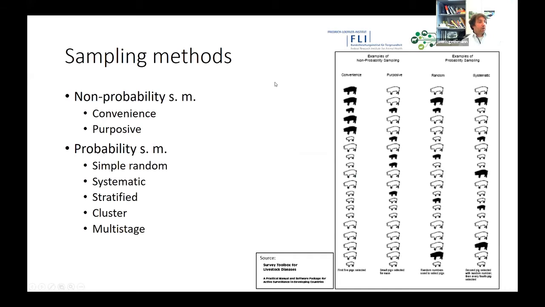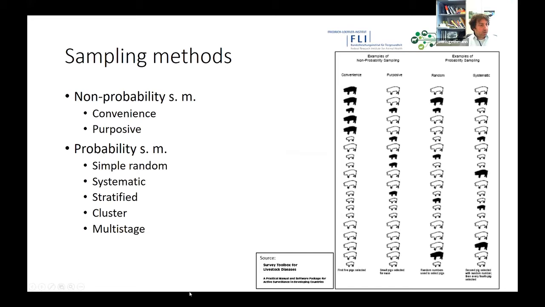Okay, coming to the sampling method. In general, we differentiate between non-probability sampling methods and probability sampling methods. Non-probability sampling methods are convenience sampling.